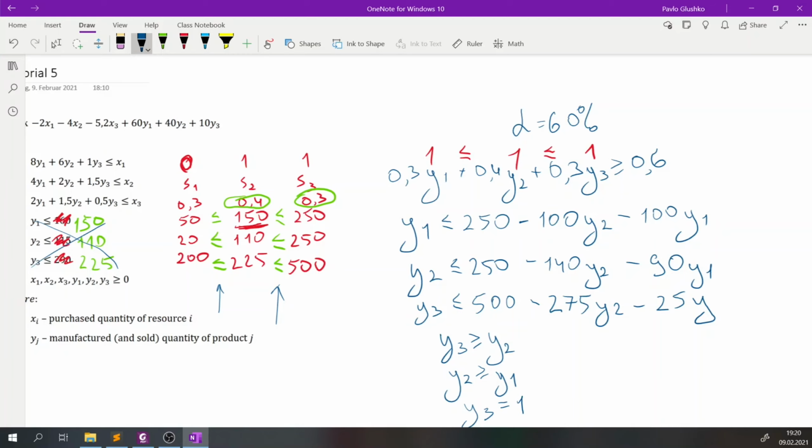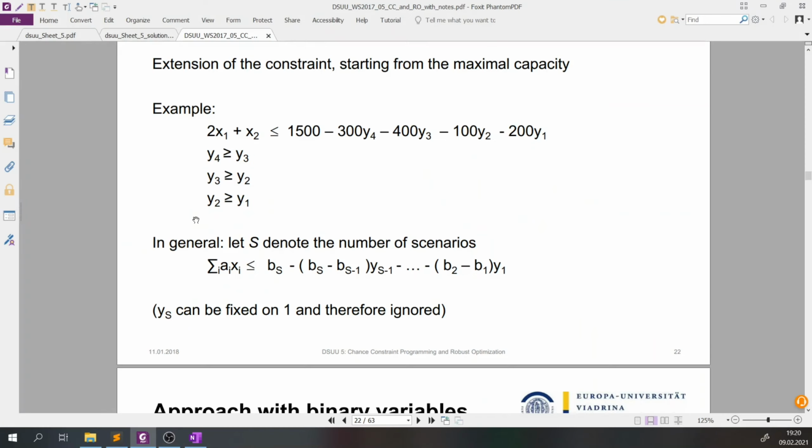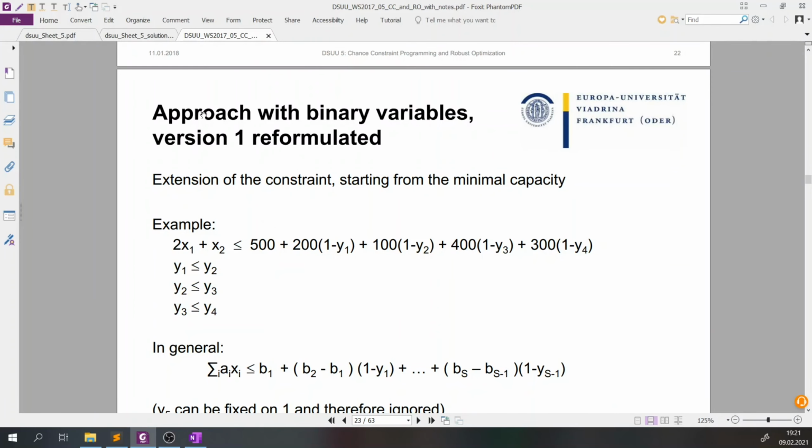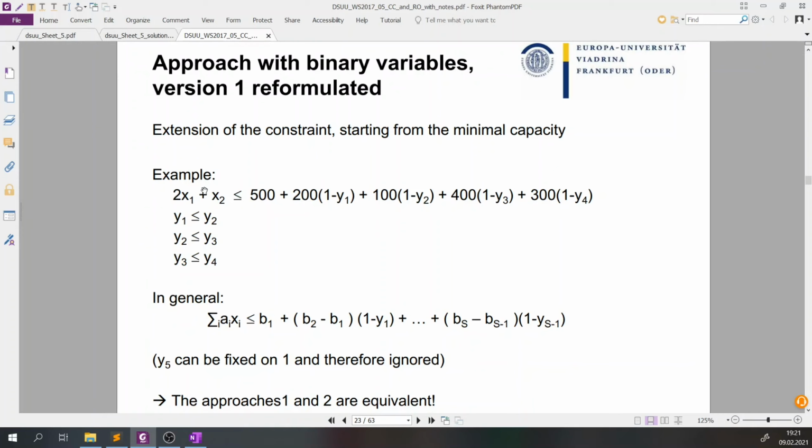And this is exactly the same constraint we have here. So this was the first approach. And now the next approach, it's the same thing, but reformulated.